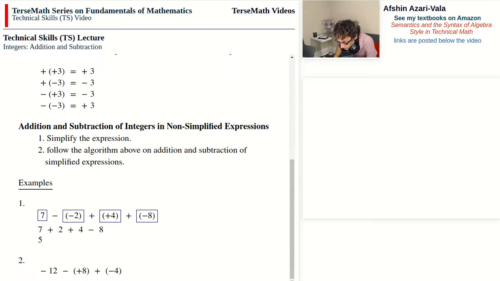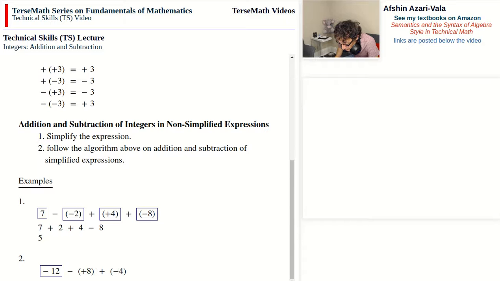A second example, negative 12 minus positive 8 plus negative 4. And again, I think it would be a good idea if I showed you the terms here as well. Negative 12 is one term, and you can think of either only 12 being inside the term or negative 12 being inside the term.